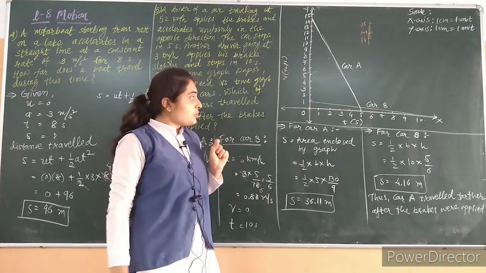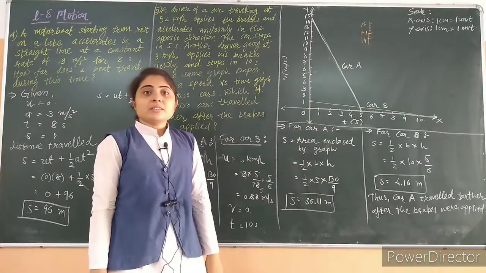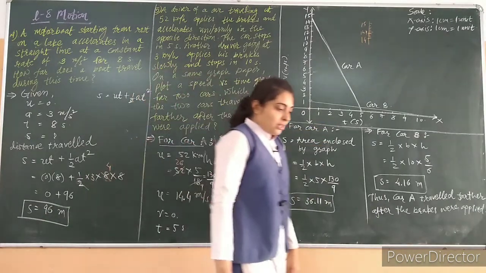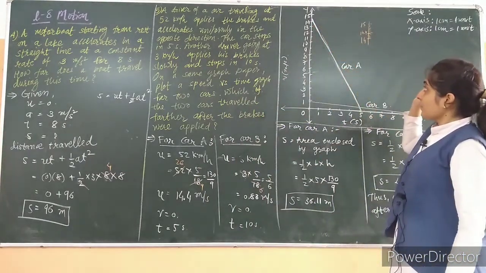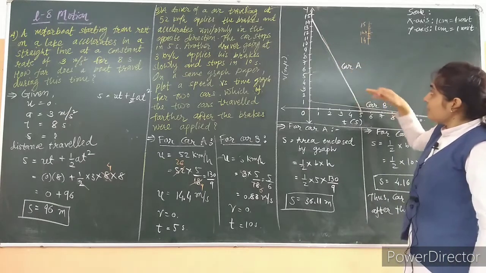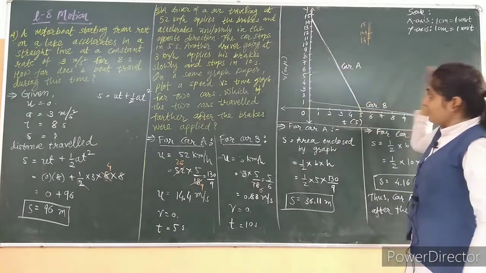It means the velocity becomes 0. So this line represents the motion of car A, and it shows the velocity decreasing.